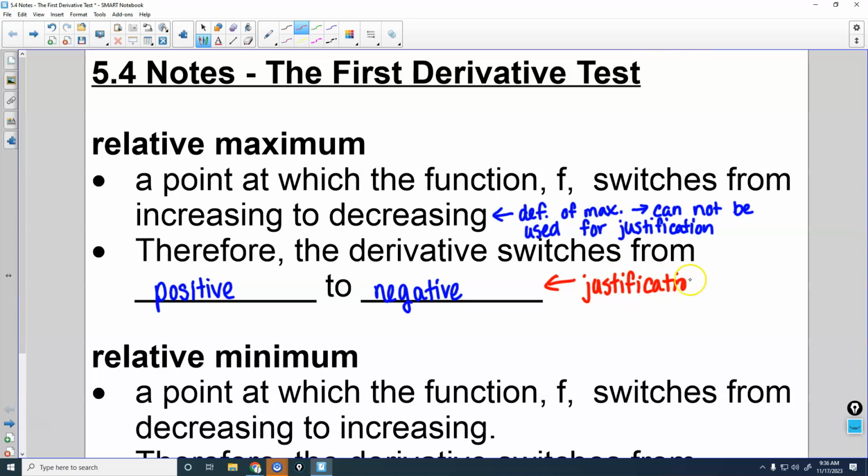Whenever we do these, we always have to summarize at the end. If it's free response, we have to say that there is a relative maximum at x equals this because the derivative switches from positive to negative. So you need to be talking about the derivative in your justification.